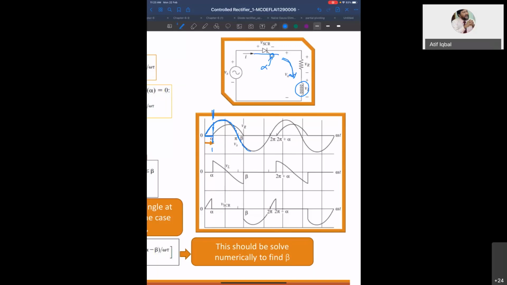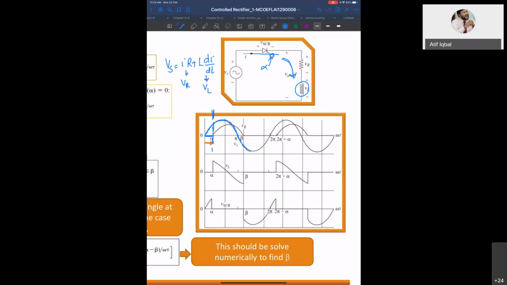So you can write the equation Vs is equal to IR plus L di by dt. This equation will be valid in this case now. IR is your voltage drop across the resistance, and L di by dt is the voltage drop across the inductor.